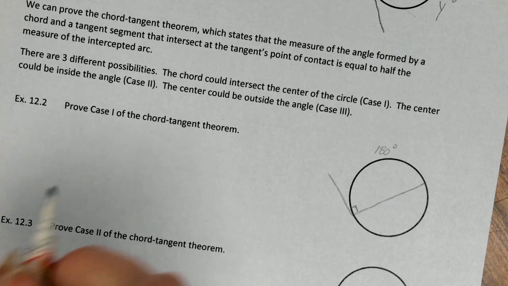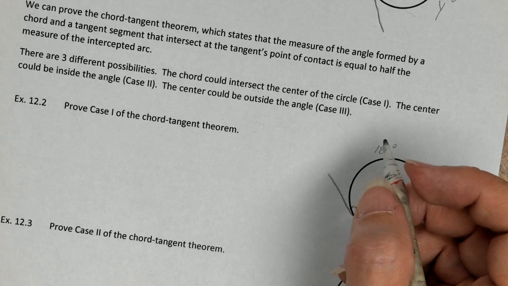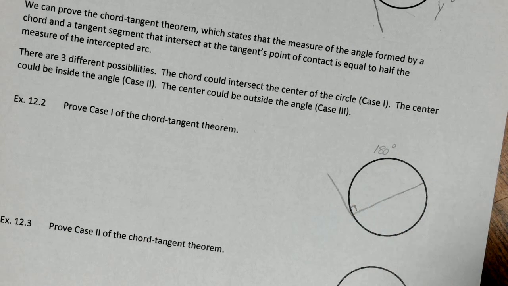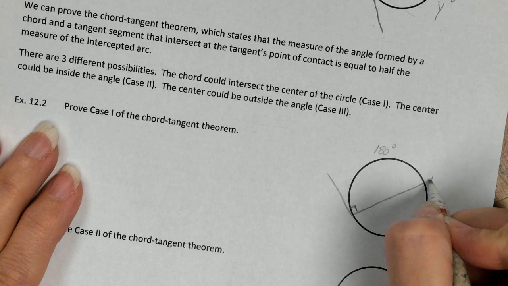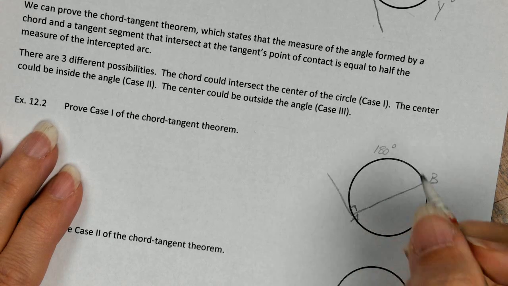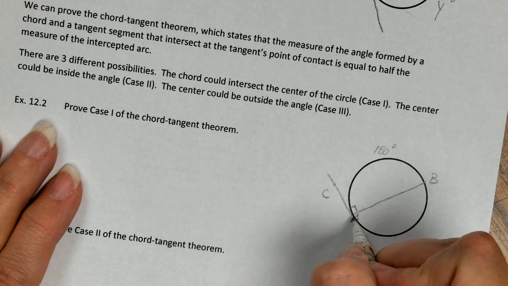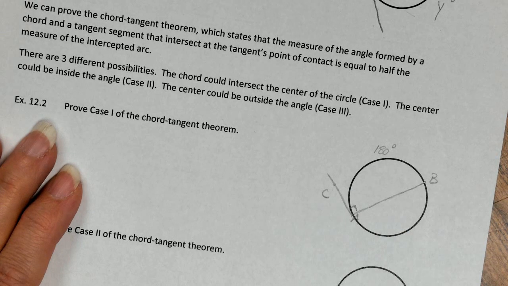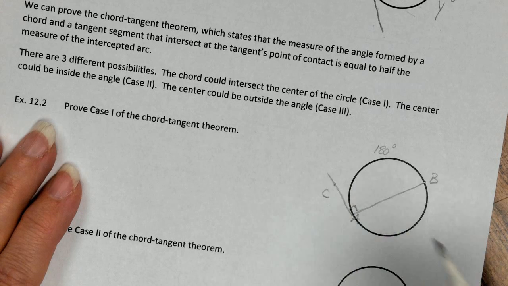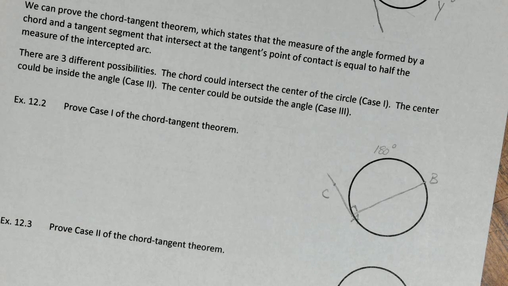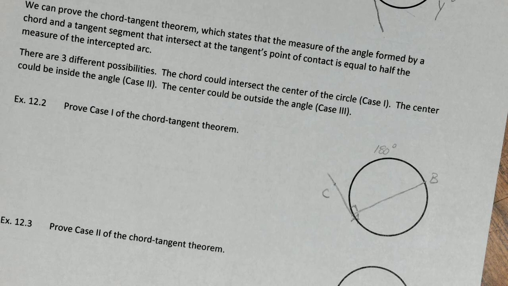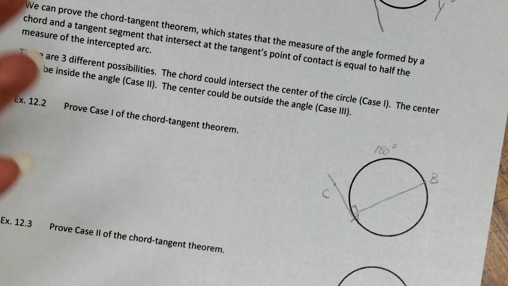So let's label things here. I'll try to keep consistent with the book. This point is B. Here the vertex is A, and then a point on the tangent we're going to call C. So 90 is half of 180.